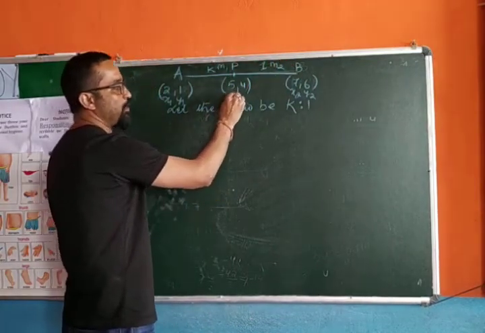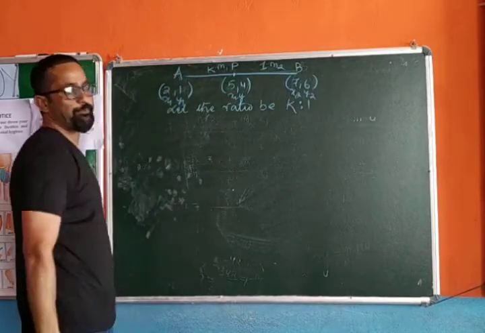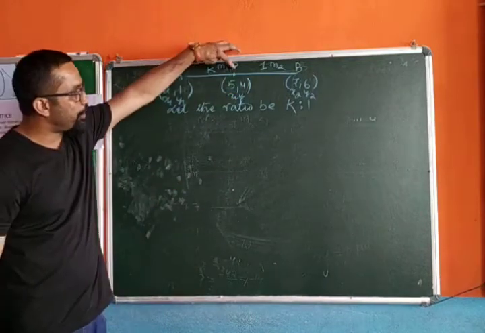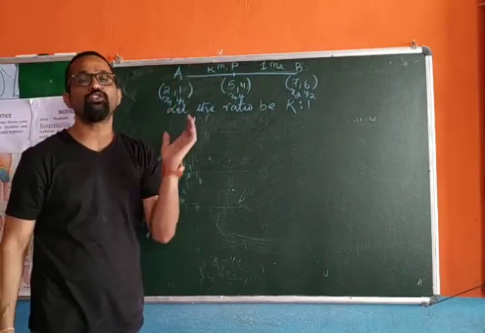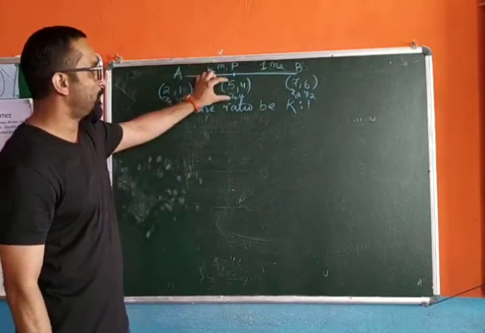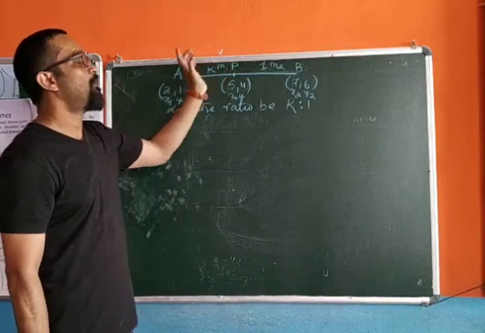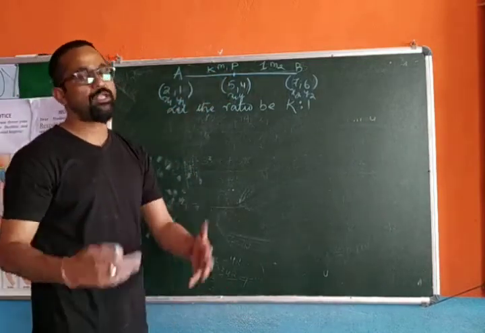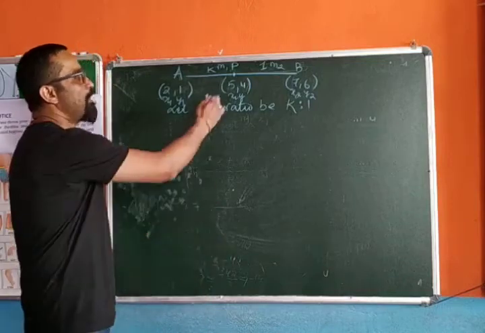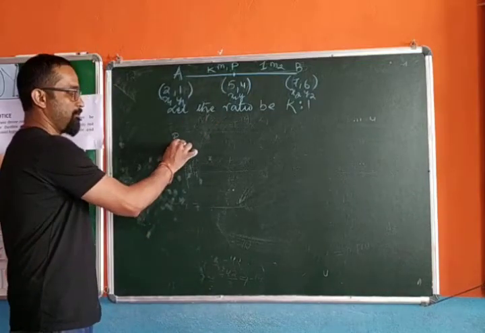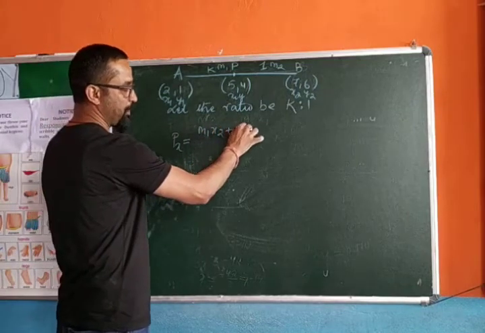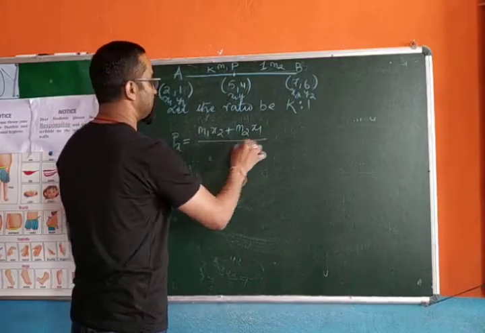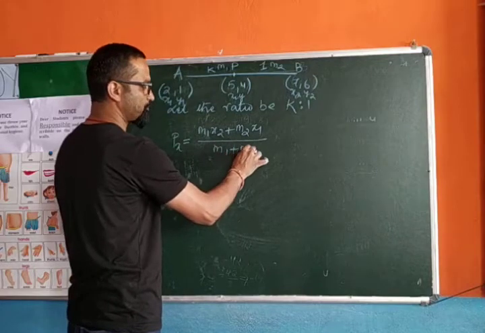Always the middle one you assume as x1. Both the coordinates of P are known, so you can take only one to find the ratio. Either you can use x or you can use y, answer will come same. So I am taking x: Px equals m1 x2 plus m2 x1 divided by m1 plus m2.